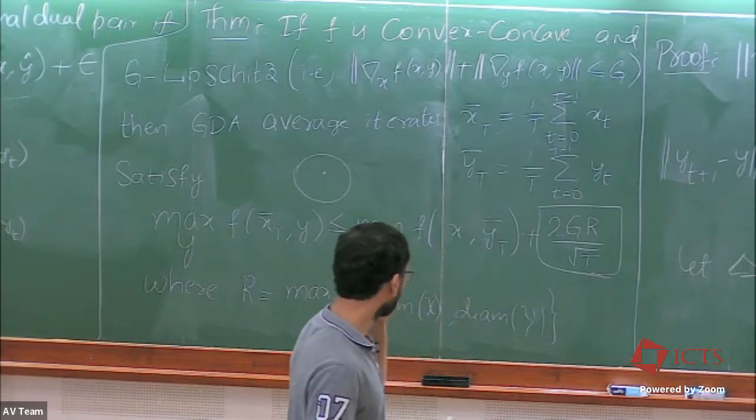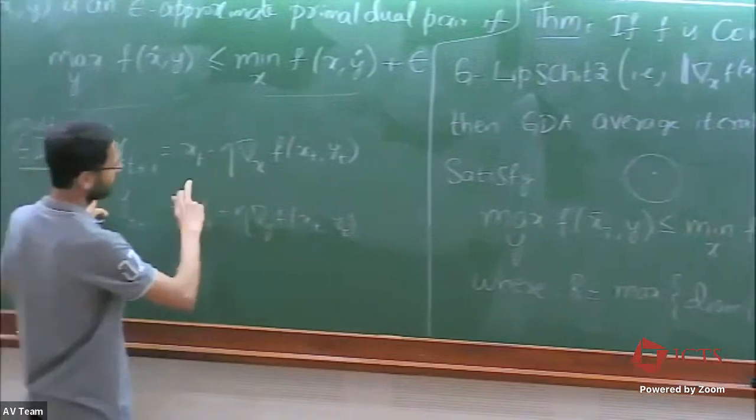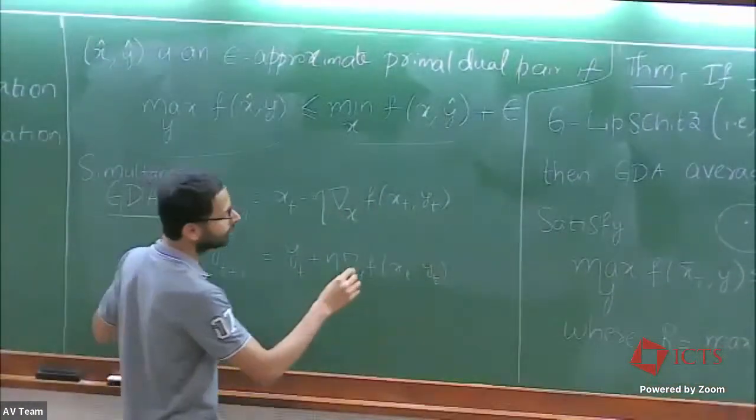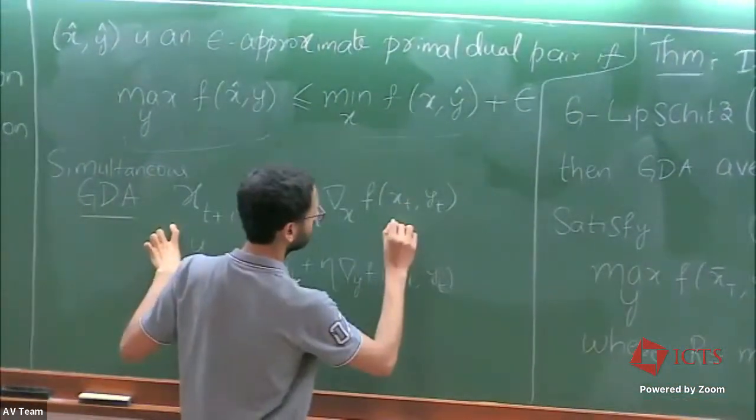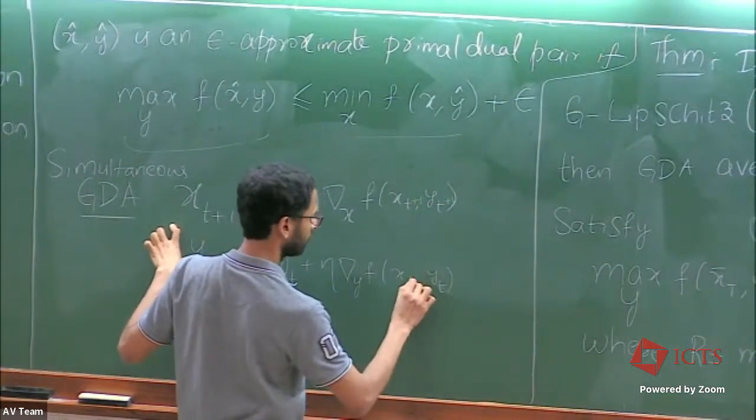But a proximal algorithm is actually very simple to describe. The idea is that you want to find xt plus 1, yt plus 1, where it does not satisfy this condition, but rather it satisfies this condition.